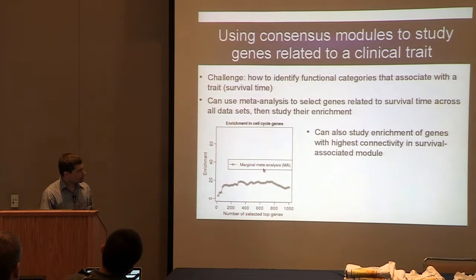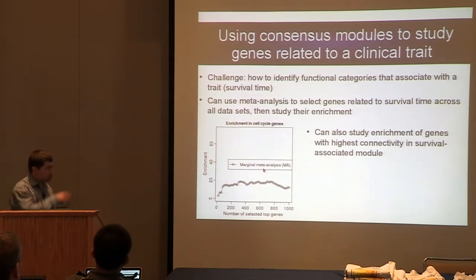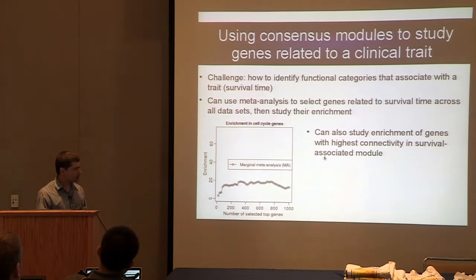Now, you can also study the enrichment of genes that have the highest connectivity in the survival-associated module. So we have the module, and we have a network, so we can calculate the intramodular connectivity of each gene in that module, and pool the information from all the 8 data sets.